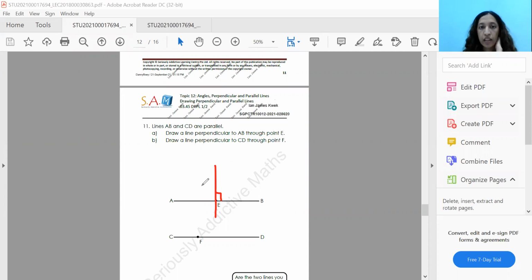Draw a line perpendicular to CD through point F. Okay, same thing. Okay, so you can actually draw it like that straight, or you could just stop over at the point here. So draw a line perpendicular to AB through point E and draw a line perpendicular to CD through point F. There we go.